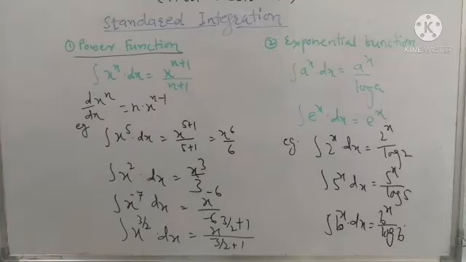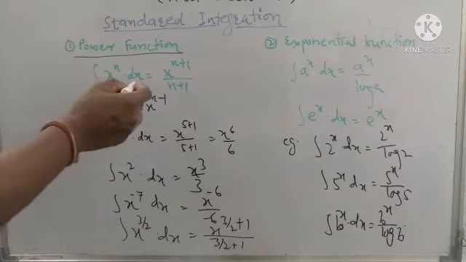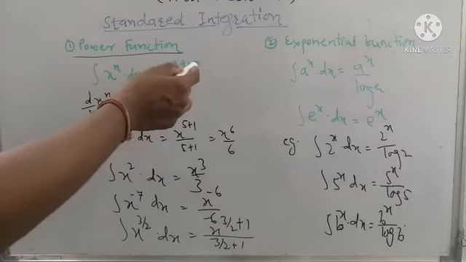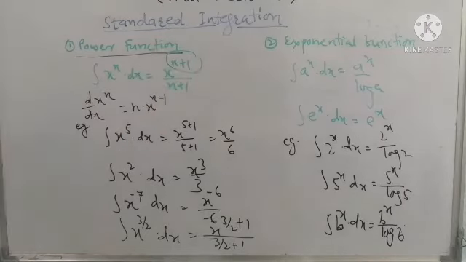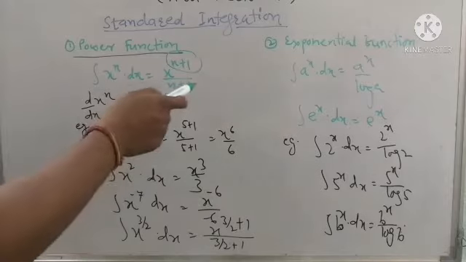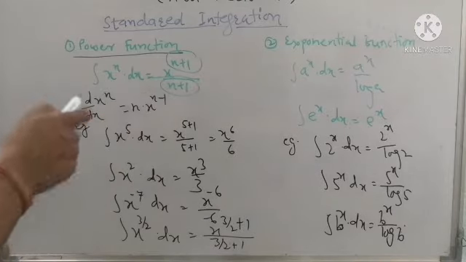In derivative of a power function, the power or index decreases by 1. Observe here in integration, x raised to n has the integration x raised to n plus 1, as the power increases by 1. As in derivative the power is in multiplication, here in integration the power changed and is put into the denominator, n plus 1, divided by n plus 1.